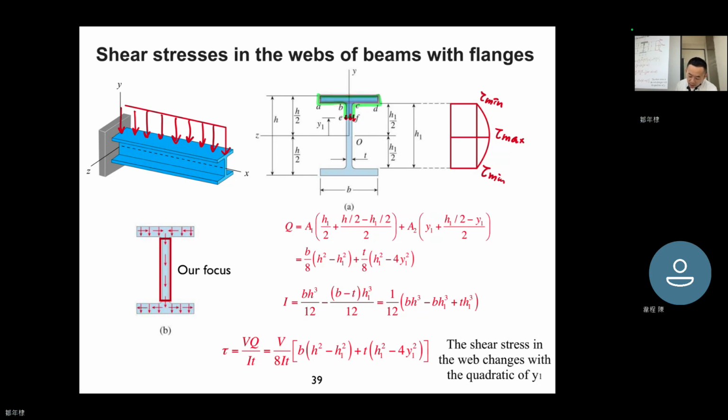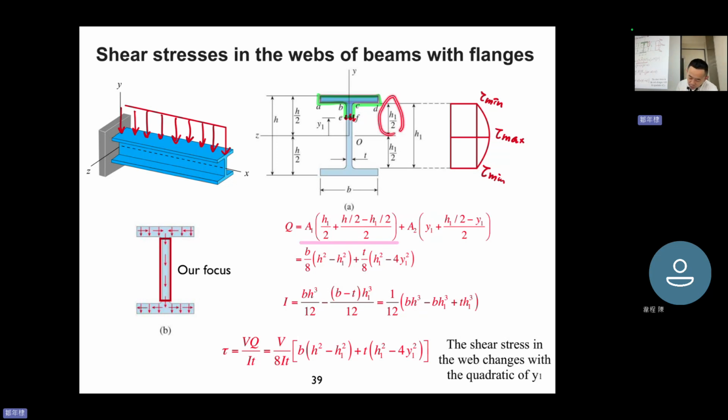The pink is here. So you see A1 is this one. And this centroid to the neutral axis, Y. So you can see this is H1 over 2.